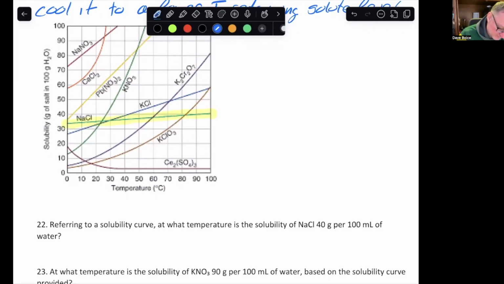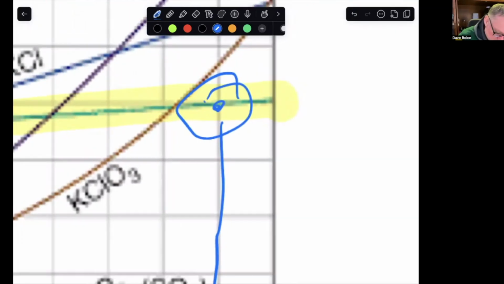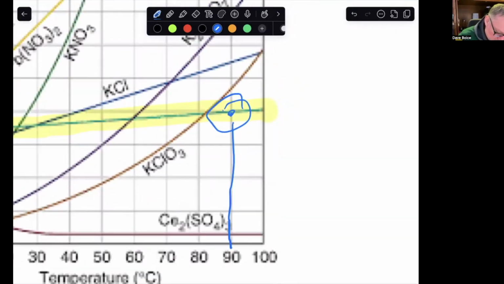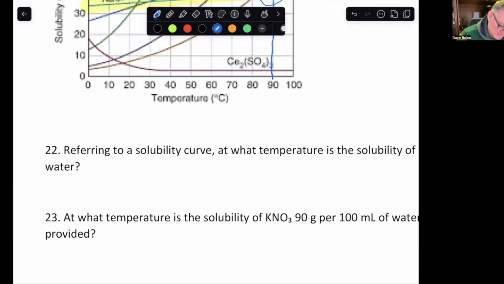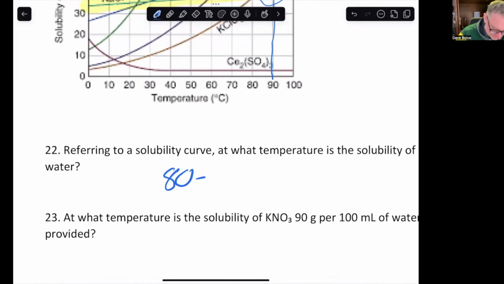Let's follow that along until we see it hit 40 grams, which is right about here, which is 90 degrees. This one's a little hard to read, kind of a flat line, so it probably wouldn't be a good choice for a test question. But let's just say it's somewhere right around 80 to 90 degrees Celsius.